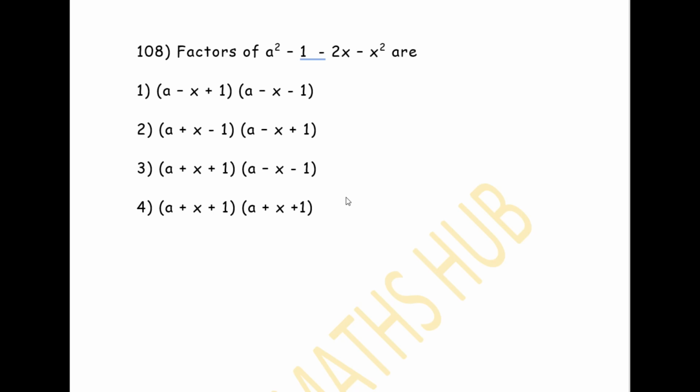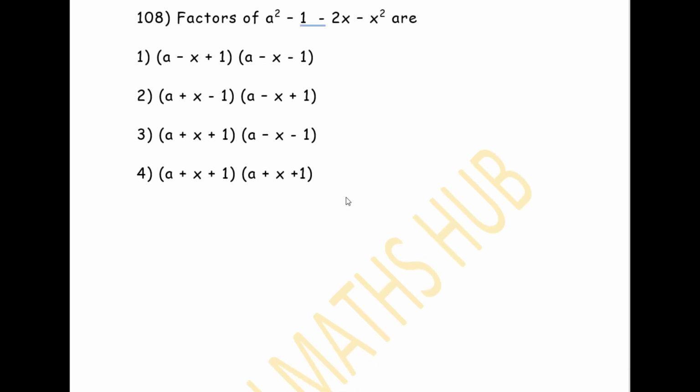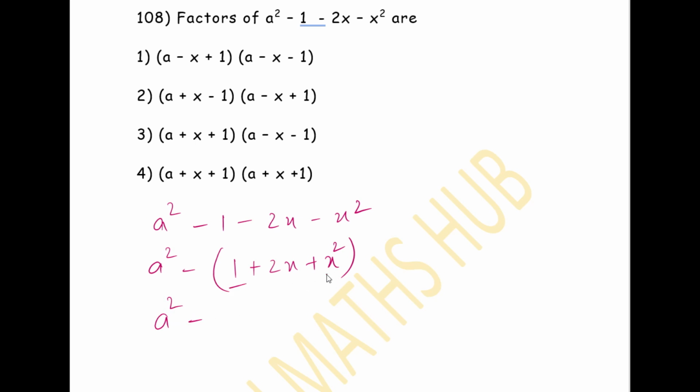The factors of a square minus 1 minus 2x minus x square. Take out minus common, it can be written as a square minus, 1 plus 2x plus x square. It is of the form a square plus b square plus 2ab, which can be written as a plus b whole square.